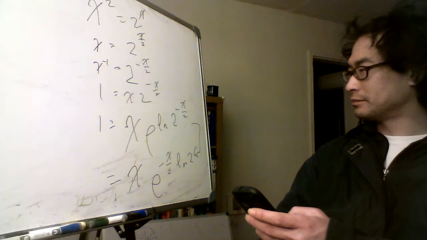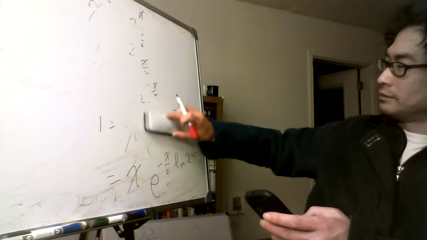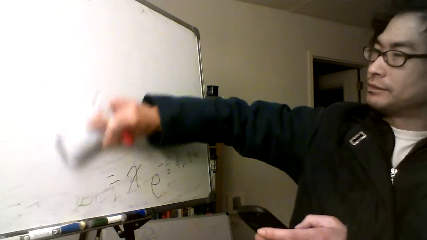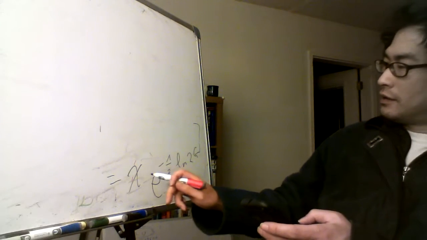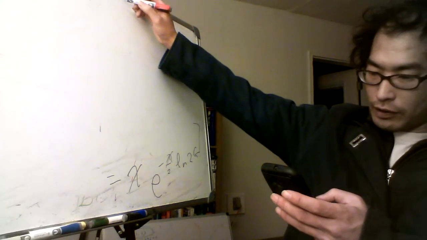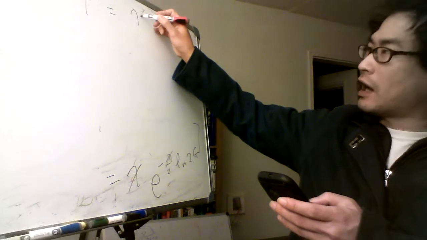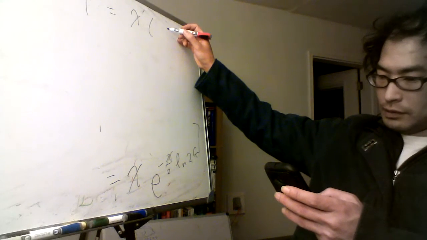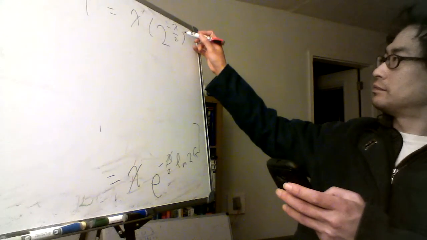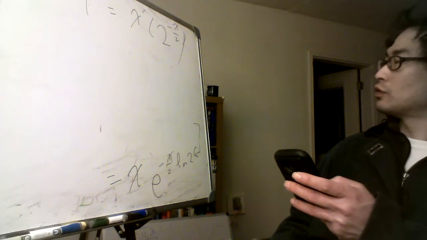So we have 1 is equal to x times 2 to the minus x over 2. So far so good, right?